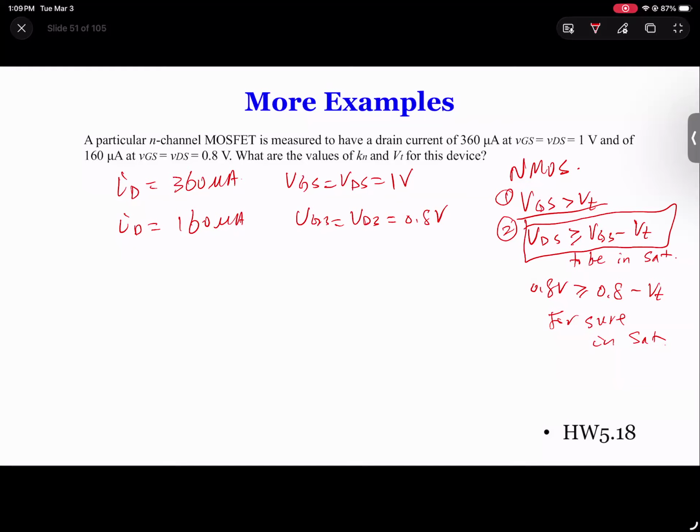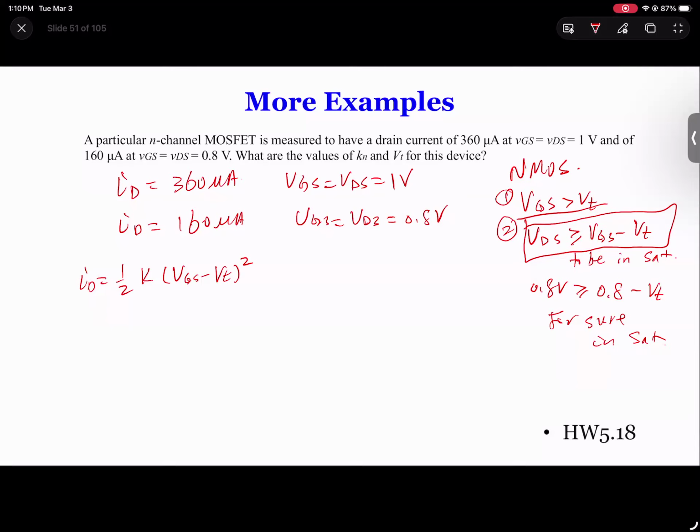VDS is the same as VGS, which is larger than VGS minus VT, so it has to be in saturation. This is the equation you can write for the saturation mode.